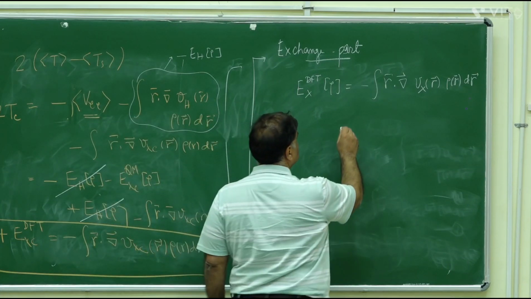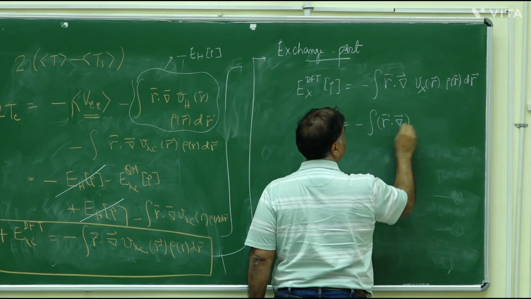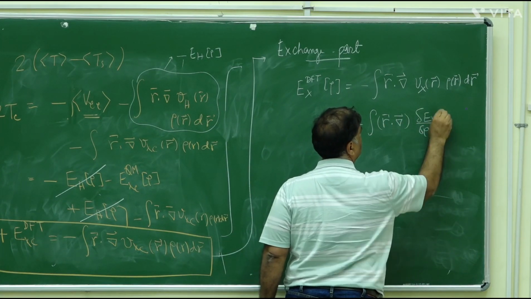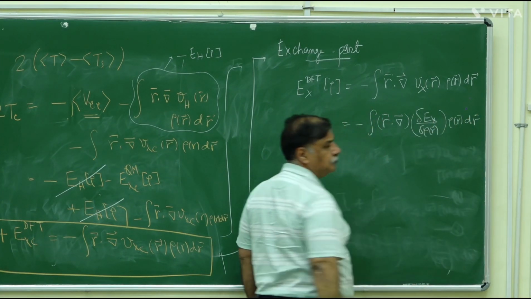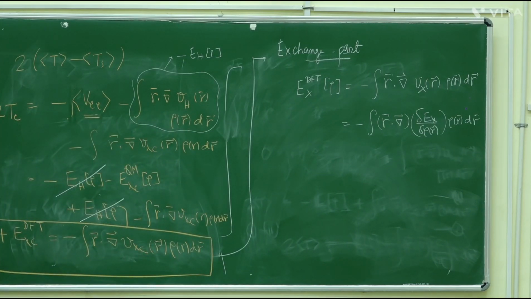Okay, that means this is equal to the integration of r dot del of delta E_x over delta rho(r), times rho(r) here. This also works out well if you are calculating it: do a long calculation, check, get the functional derivative, it should satisfy this. So you can always check your calculation.